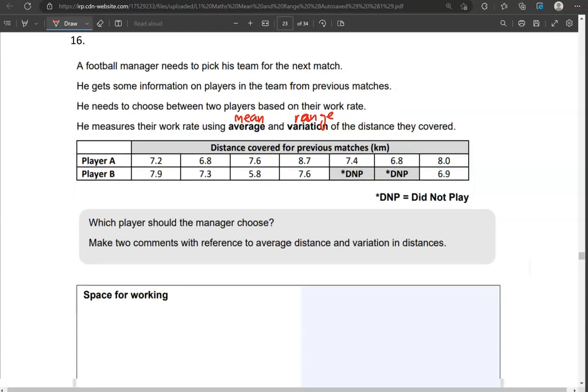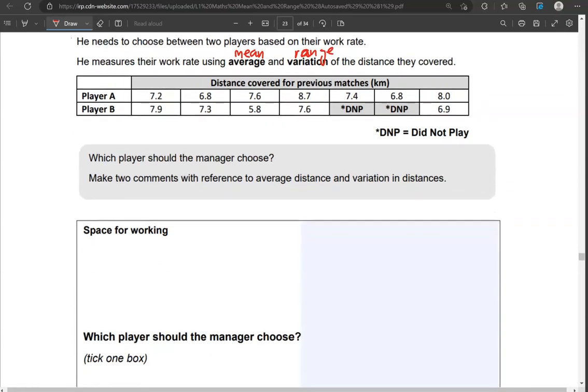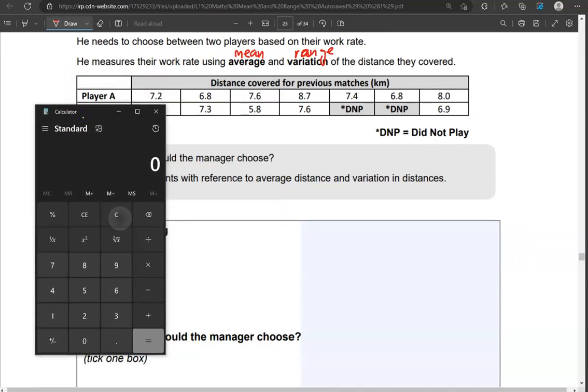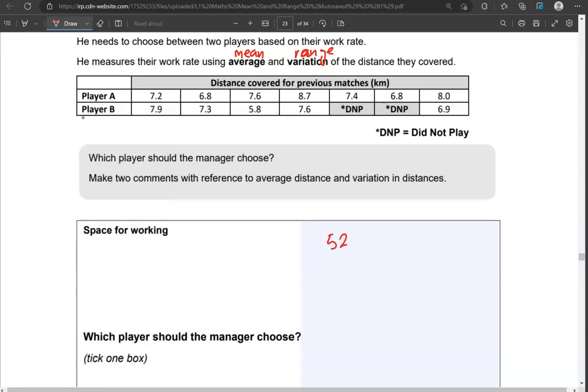So we've got player A. Let's work out the mean for player A. So 7.2, add 6.8, add 7.6, add 8.7, add 7.4, add 6.8, add 8.0, gives us 52.5, which we're going to divide by 1, 2, 3, 4, 5, 6, 7.